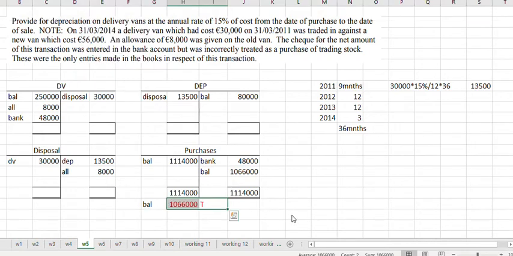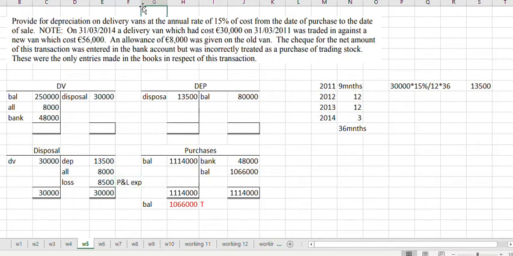Secondly, we can work out, did we make a profit or a loss on disposal? I can tell you straight away we made a loss, and when we add up these figures, we're trying to find the missing figure, 8,500 loss. That will be a P&L expense. If it was a gain, it would be on the other side.